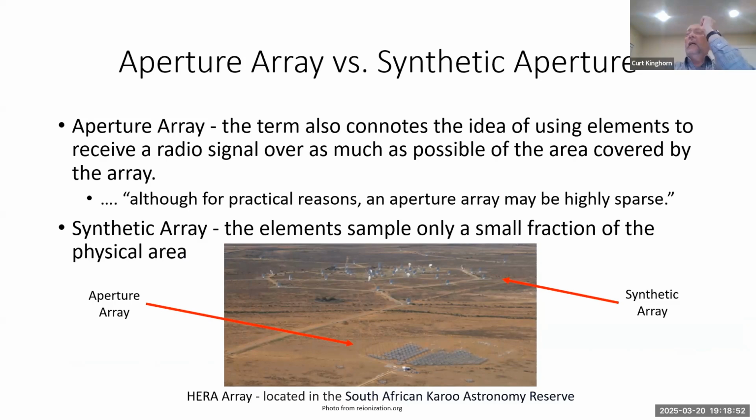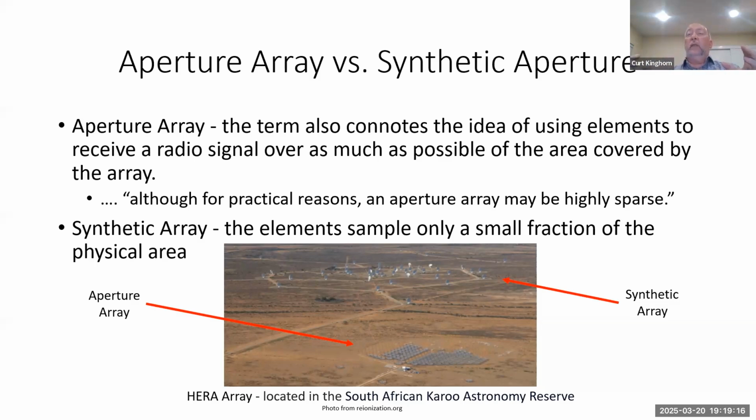What a synthetic aperture array does, the synthetic part, is it mimics a much larger telescope. So what's the large telescope? If you have a whole bunch of antennas, the longest distance between any two of them is what determines the resolution of the antenna array.